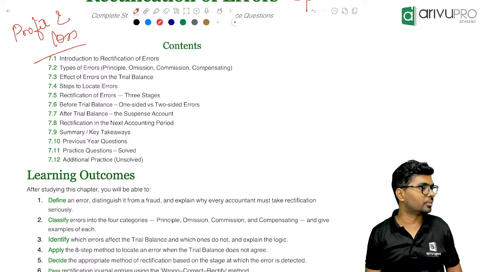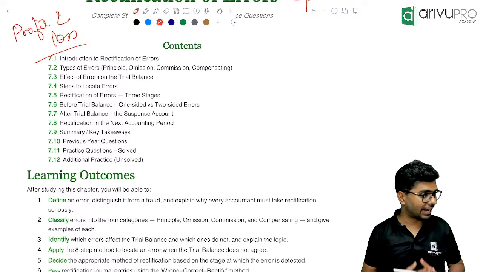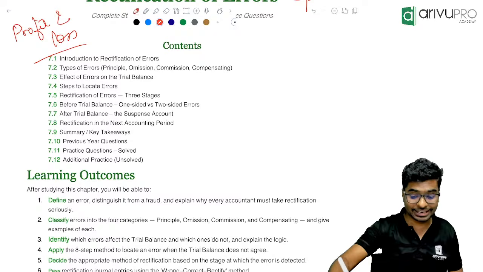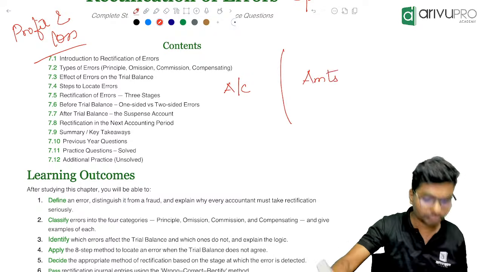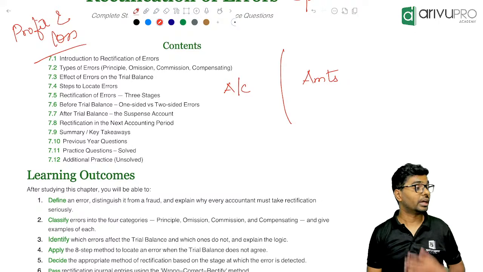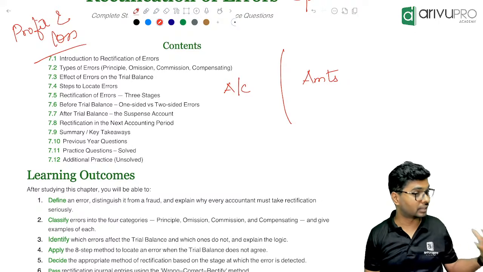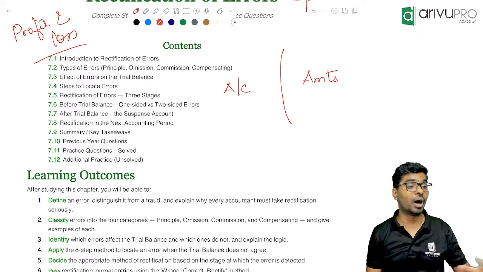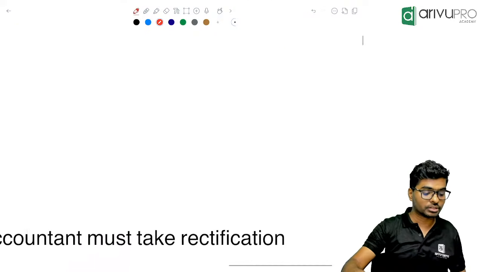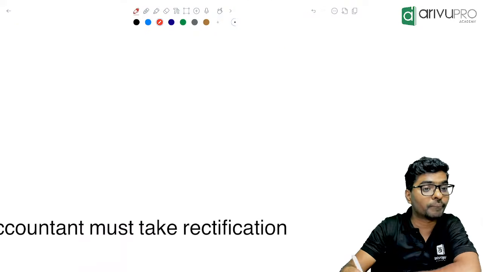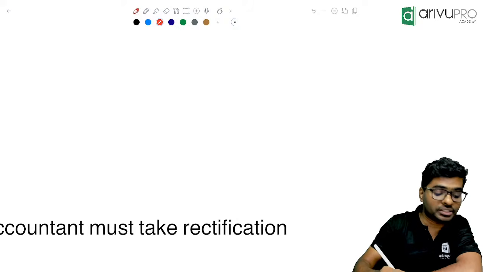Error of commission. Now what is error of commission? If the error is in the accounts or in the amounts, we call it error of commission. Example, paid salary 10,000. Paid salary, what is the journal entry?